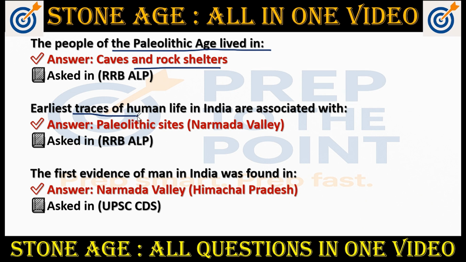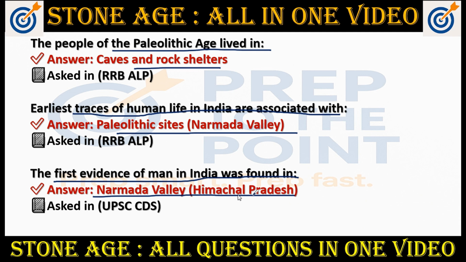Earliest traces of human life in India are associated with Paleolithic sites, that is Narmada Valley in Himachal Pradesh, Madhya Pradesh. The first evidence of man in India was found in Narmada Valley in Madhya Pradesh, not Himachal Pradesh.